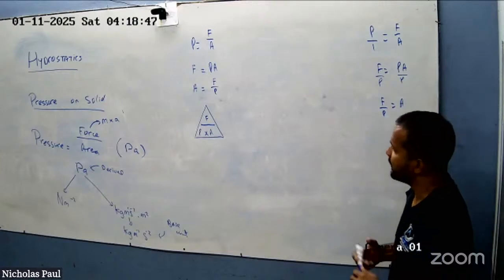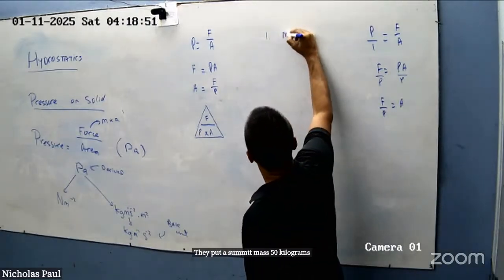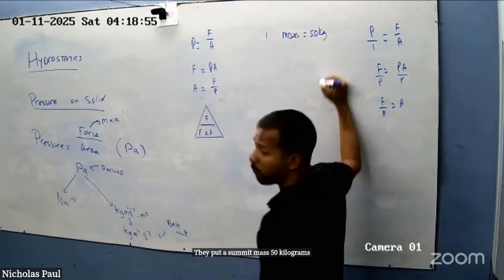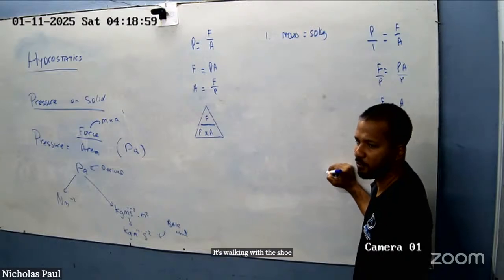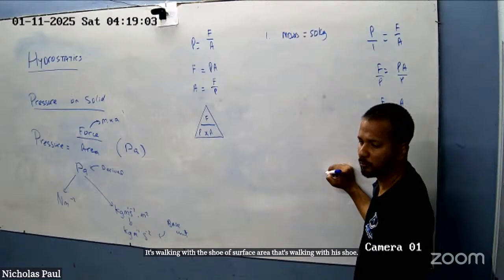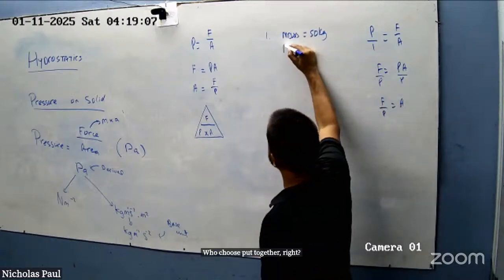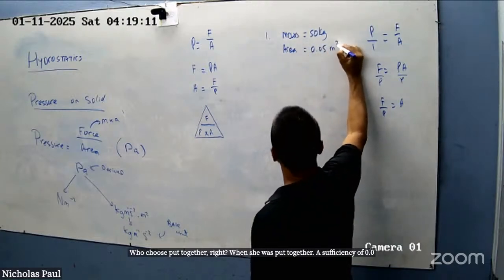A person with mass 50 kilograms is walking with shoes, both shoes put together, with a surface area of 0.05 meters squared.